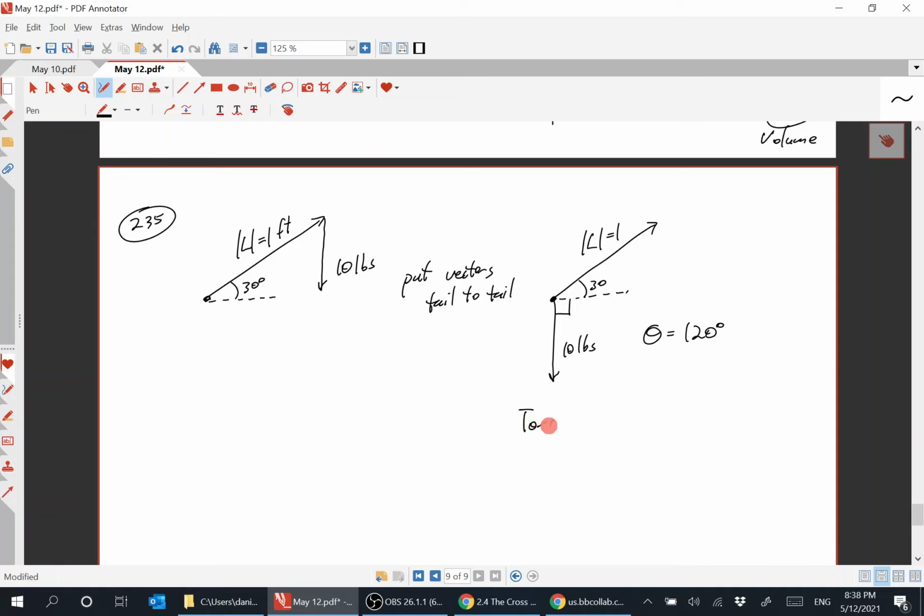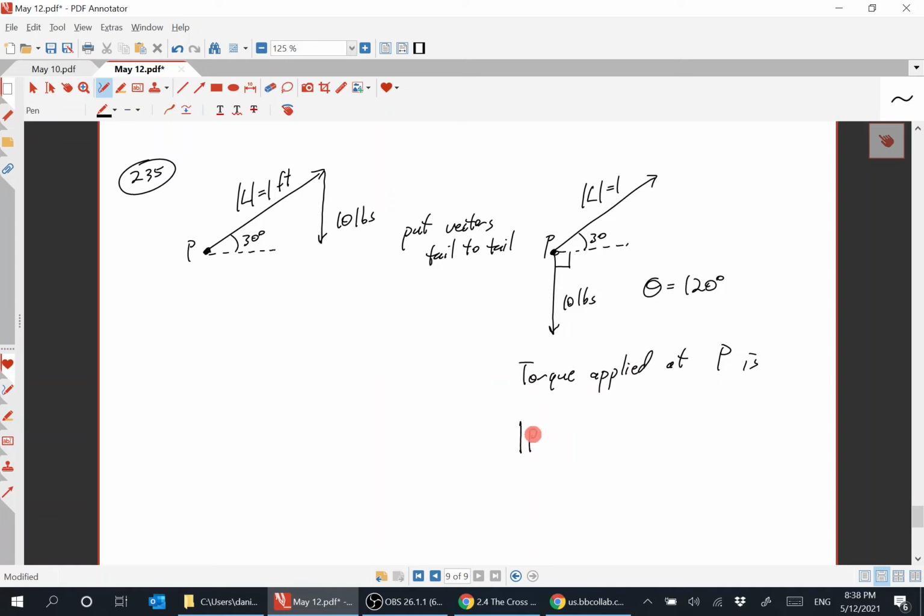So the torque applied at P, and here's P right here, is the length of L cross F. The magnitude of F is 10 pounds, going straight down.